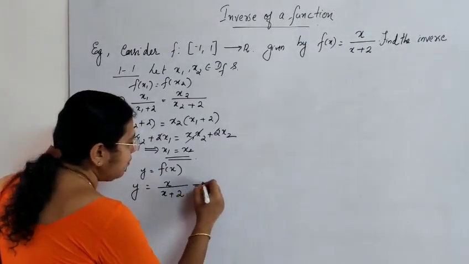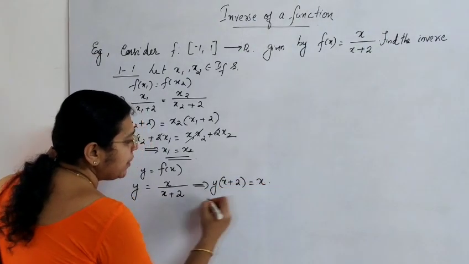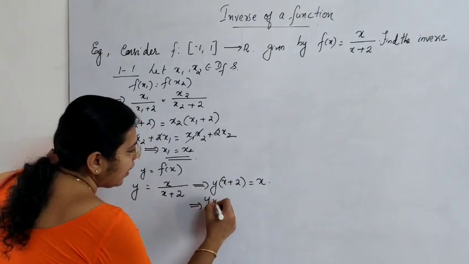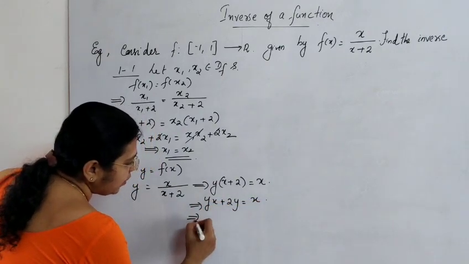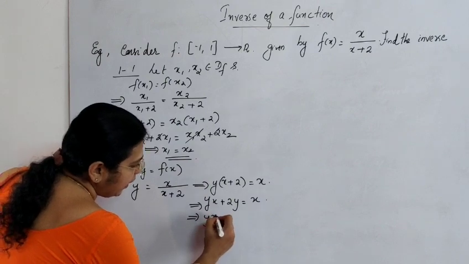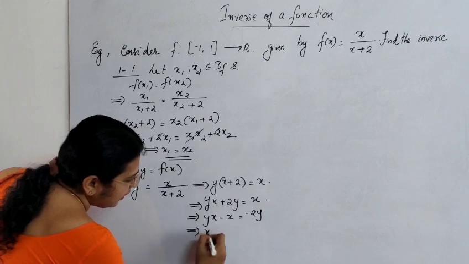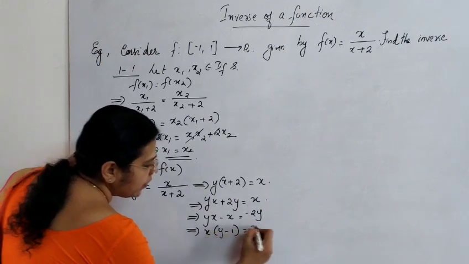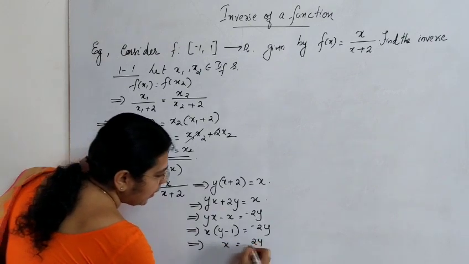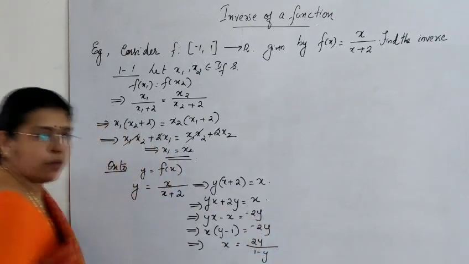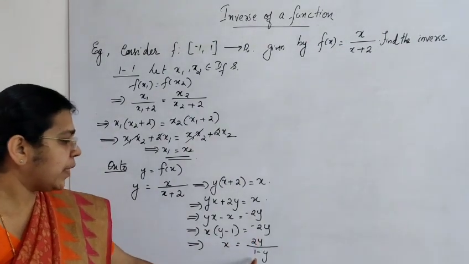For that, this implies y(x+2) = x, which implies yx + 2y = x. Combining the x's together, yx - x = -2y, which implies x(y-1) = -2y, which implies x = 2y/(1-y). What did I do? I took the negative down to the denominator to get 2y/(1-y).